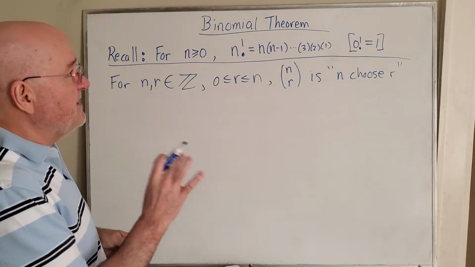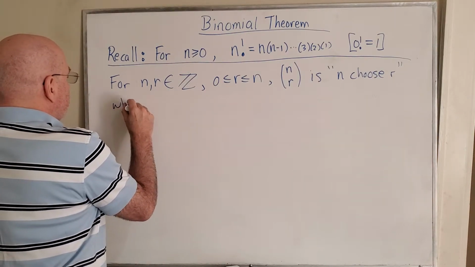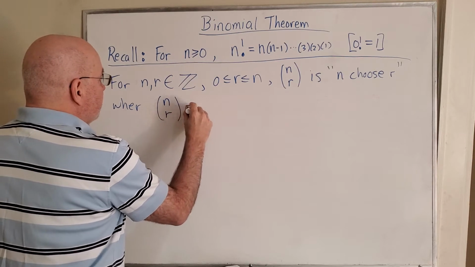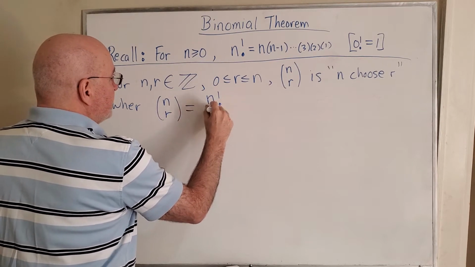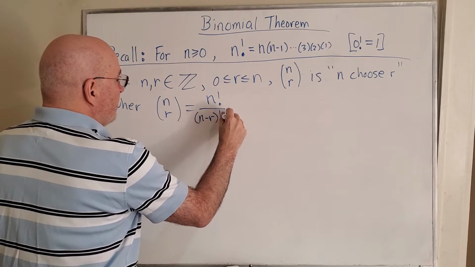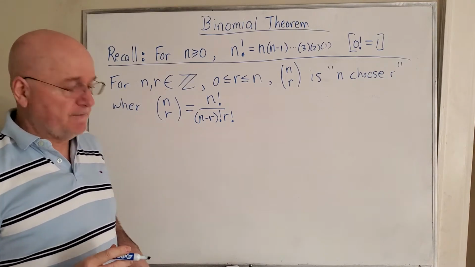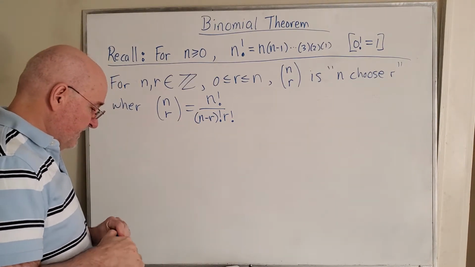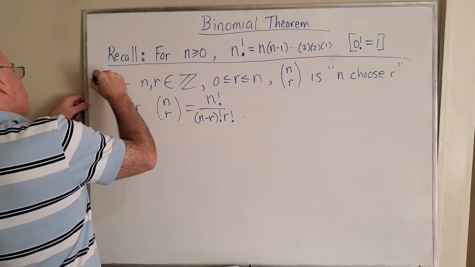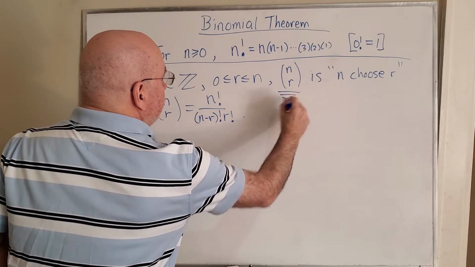And it's a number, where n choose r is equal to n factorial over r factorial times n minus r factorial. That's the formula. Just memorize it. It works every time. We just defined this term.